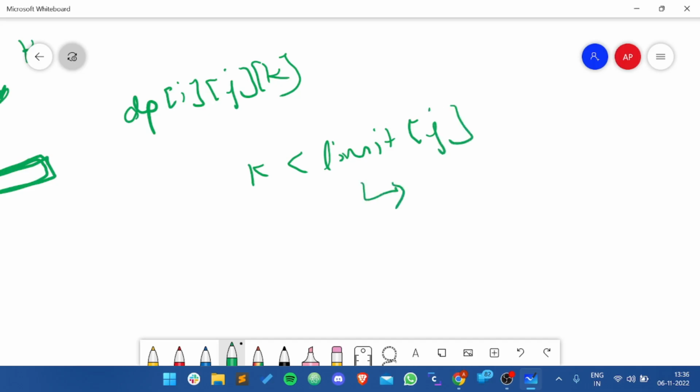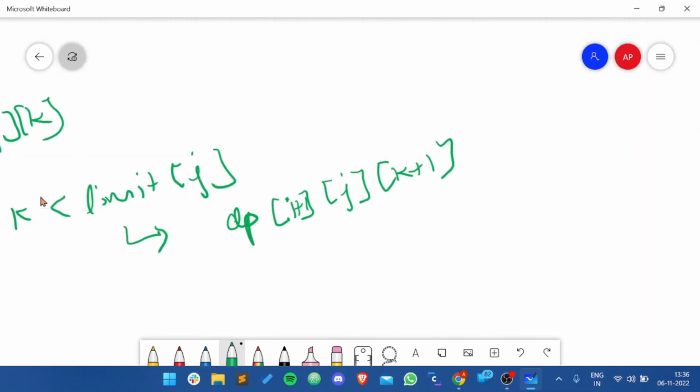The first case is DP[i+1][j][k+1], because the ith robot is fixed at the jth factory, plus the absolute value of the position of j minus the position of robot i.